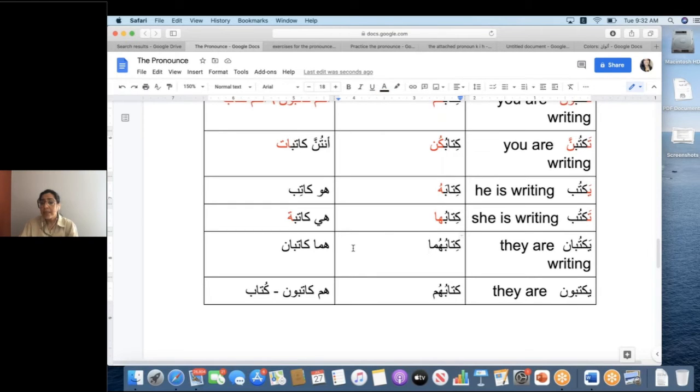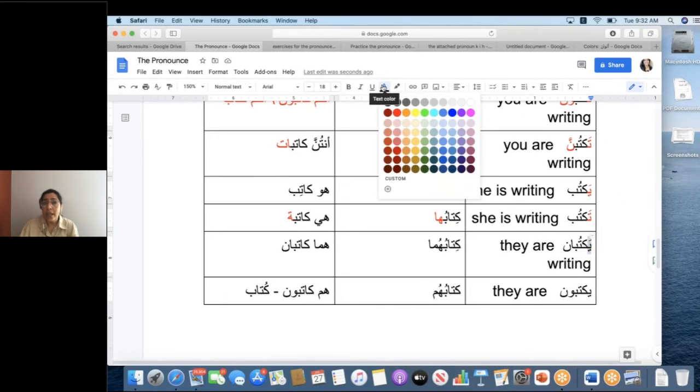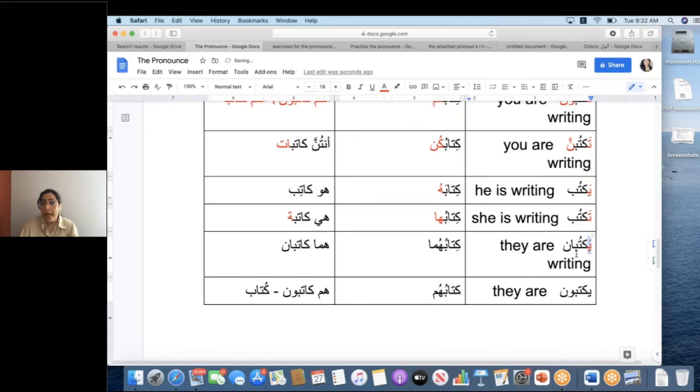But let's imagine Hawa and Sami writing right now. They are dual. That's it. So هما يكتبان, alif noon, to give me the meaning that you are talking about dual. يكتبان.